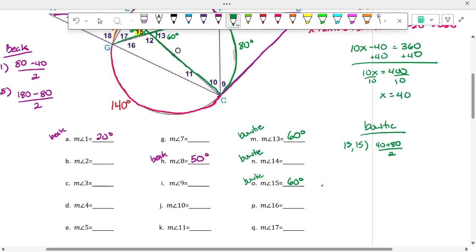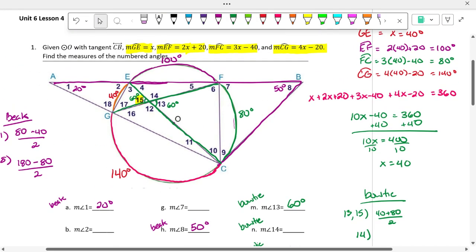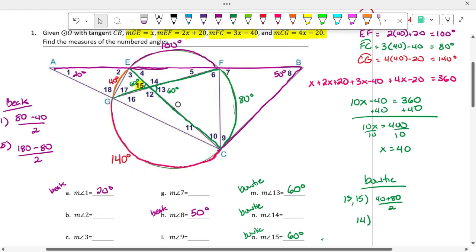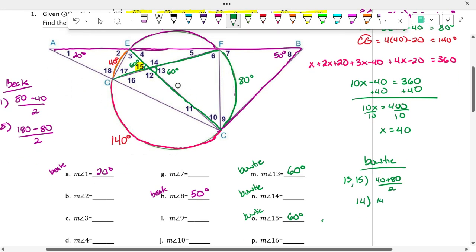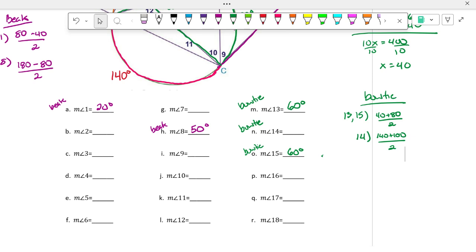All right. So what are the intercepting arcs of both 12 and 14? 140 and 100. So I'm going to add those together and divide it by 2. So I'm going to do 140 plus 100 and then divide it by 2. So what's 140 plus 100? 240 divided by 2? 120.